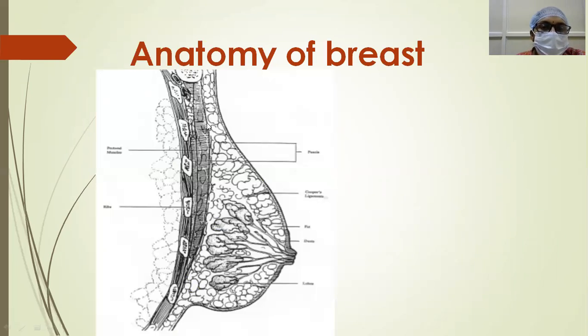So, and this is the pectoral fascia, and breast lies in the subcutaneous plane. This is the fascia, okay? This is the fat. This is the glandular tissue.